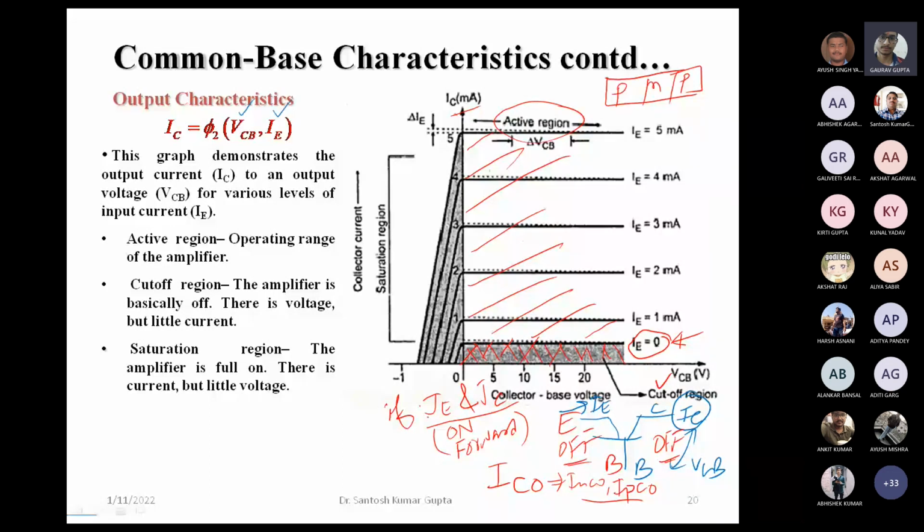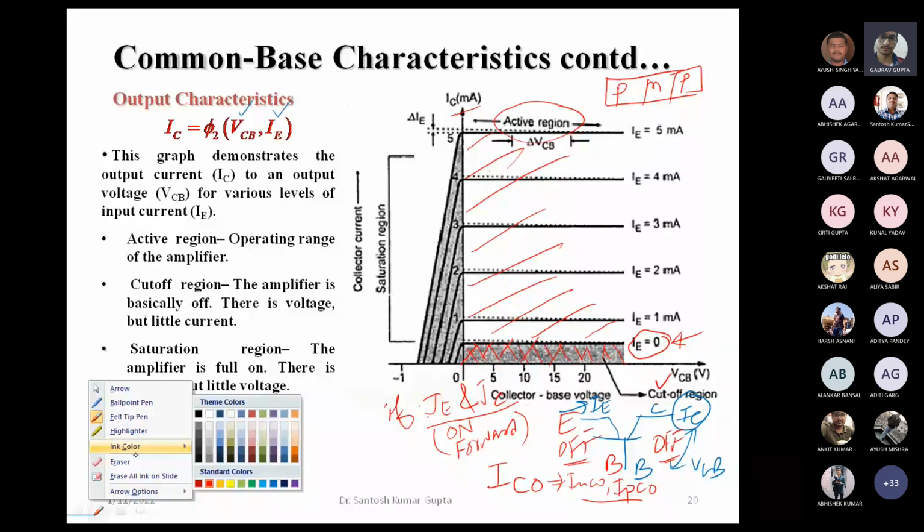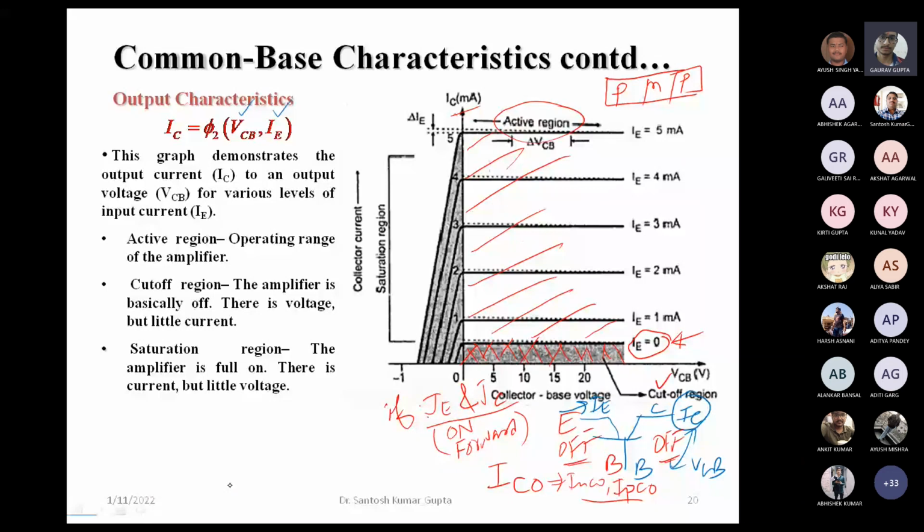Now suppose for this PNP transistor, both are forward biased. Forward bias means one is applying this voltage, and one is applying this voltage also across this. So at the emitter junction the current will try to flow like this, and at the collector junction the current will try to flow like this.